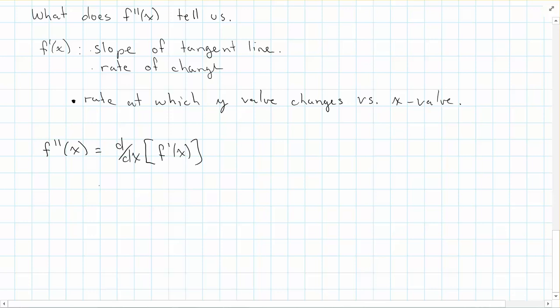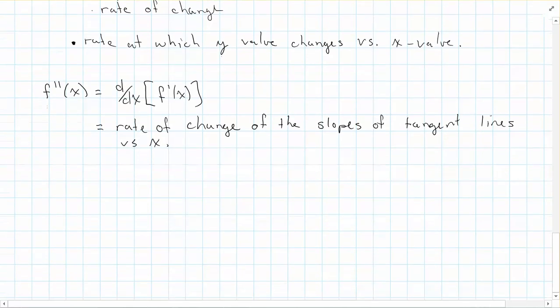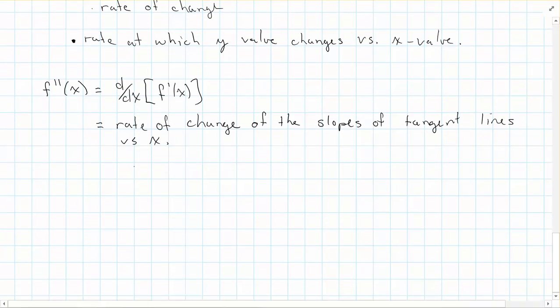So the second derivative is equal to the rate of change of the slopes of tangent lines versus x.